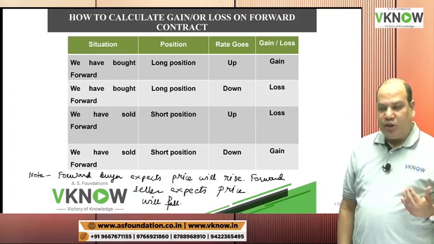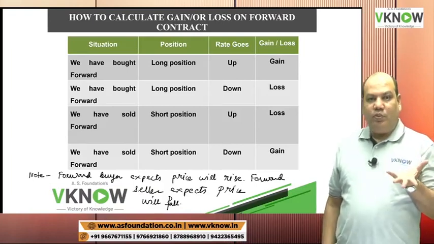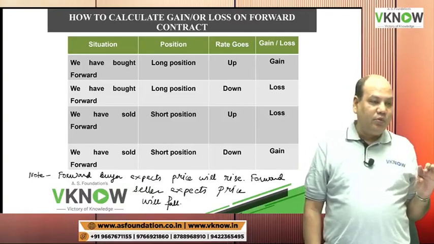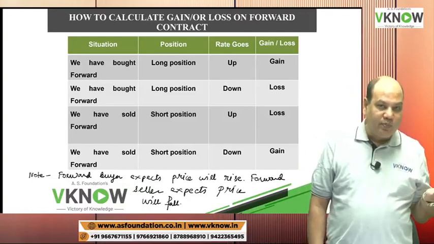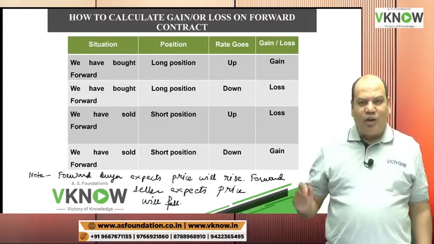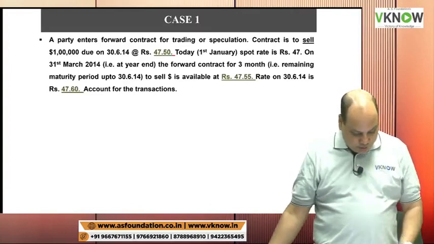So if you expect something and if that happens, you will be happy. But if you expect something, and something else happens, the reverse happens, you will be sad. Okay? So let us go to our question.